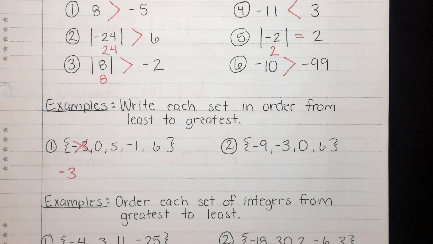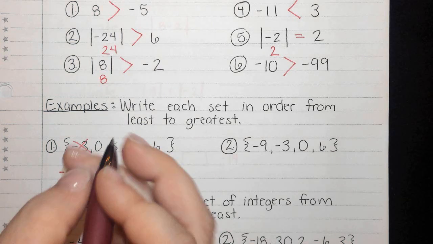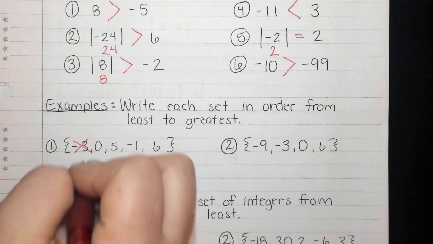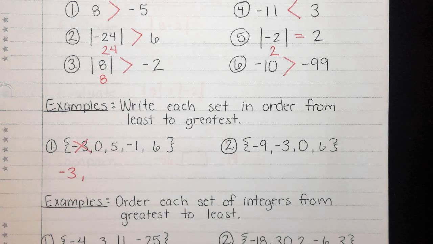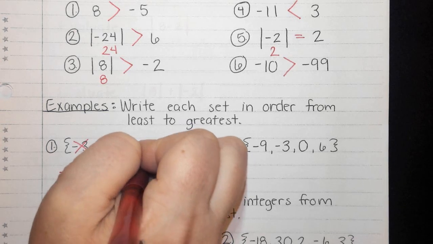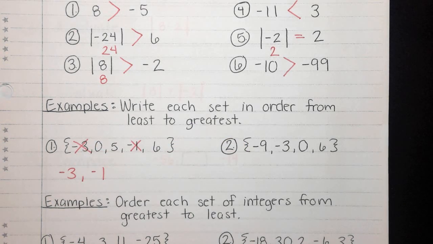All right. What's going to be next after negative 3? Aubrey. Negative 1. And after negative 1, Tucker. What's going to be after negative 1?